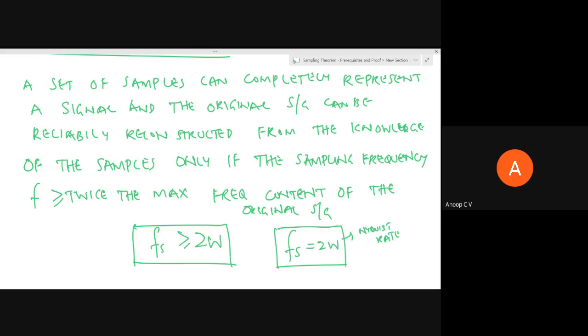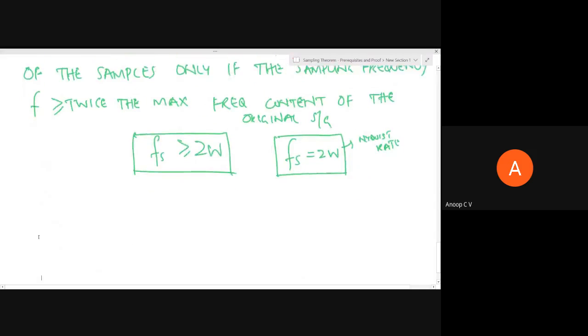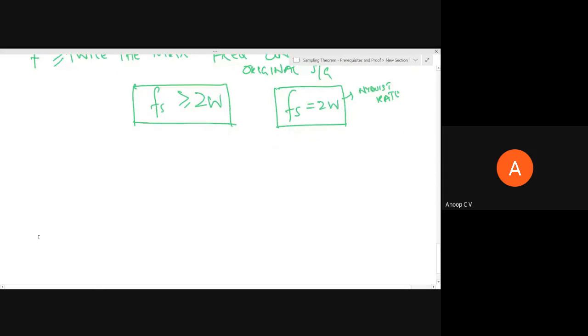So that is the sampling theorem. This can be easily understood from the spectrum of the sampled signal.